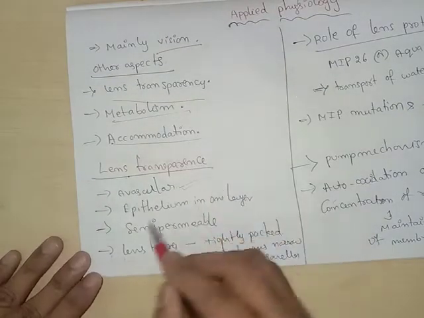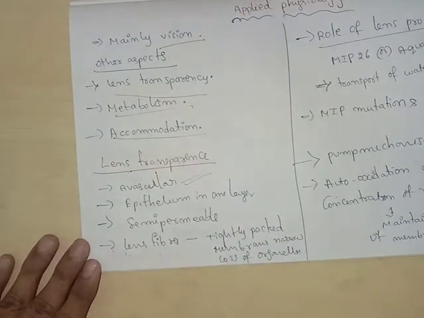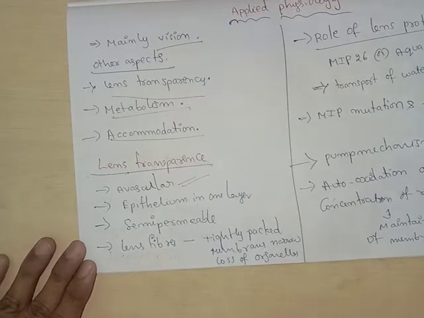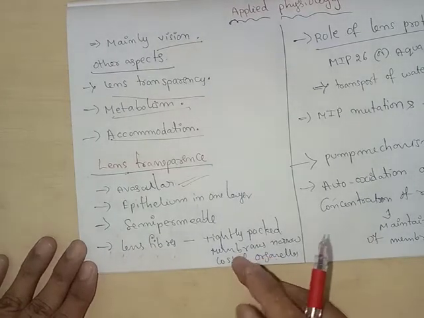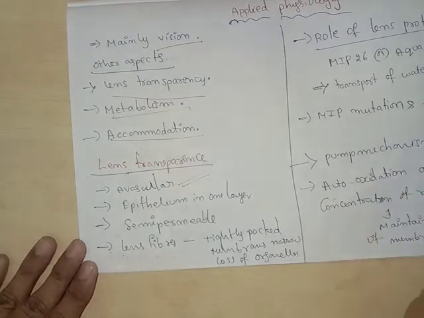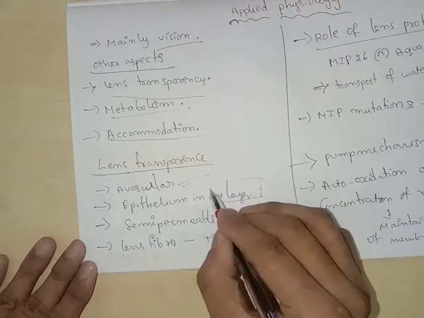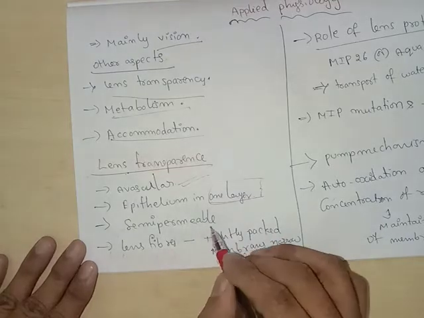So it is avascular. The epithelium is only one layer. If there were many layers, it would be thick, so vision would be impaired or the transparency of the lens would be lost. So with one layer, it helps in the lens transparency.